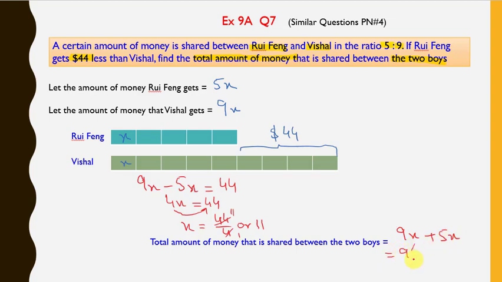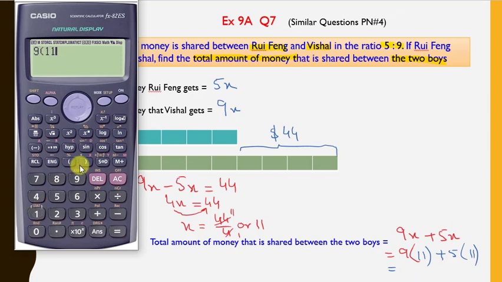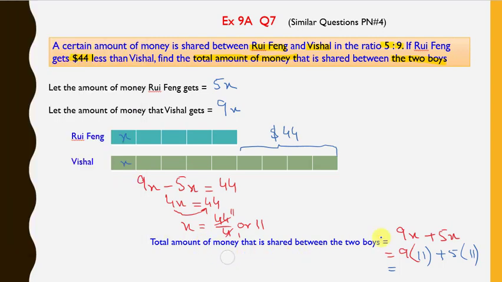So x is 11, and we will substitute the 11 over here instead of x. 9 times 11 add 5 times 11, and we have 154.